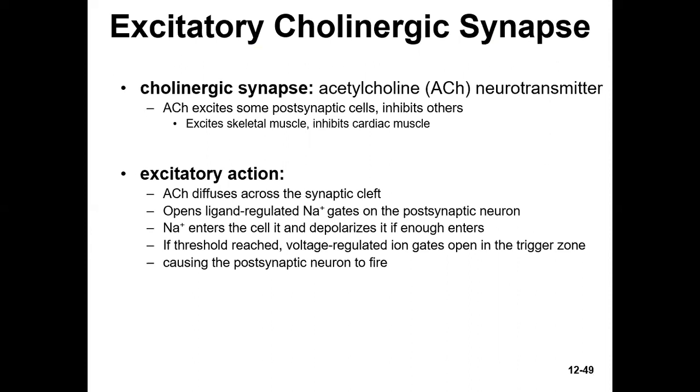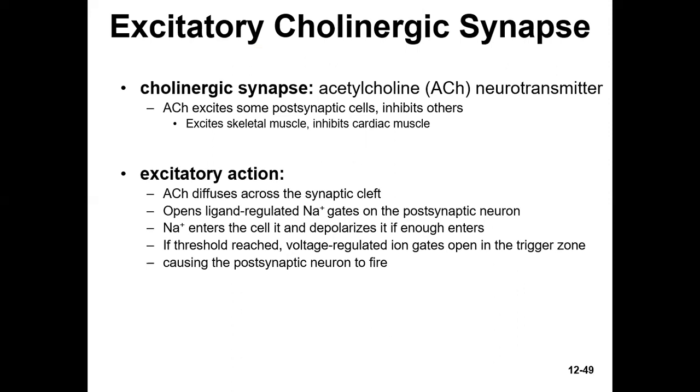A cholinergic synapse: acetylcholine will be the neurotransmitter involved in this type of synaptic connection. The acetylcholine will excite some postsynaptic cells, but inhibit others. It will excite skeletal muscle, but inhibit cardiac muscle.